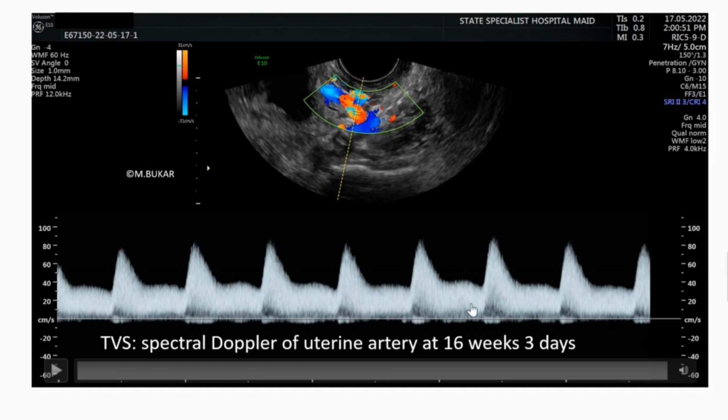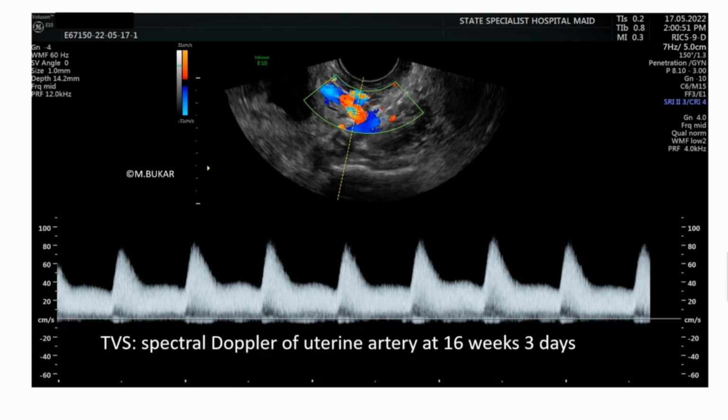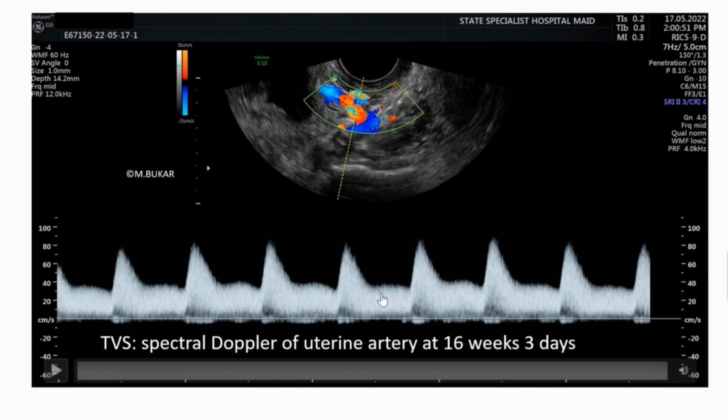If notch is unilateral, it is usually on the side where placenta is not dominant. Presence of uterine artery notches is associated with increased risk of preeclampsia and fetal growth restriction. The risk is higher when notches are bilateral.